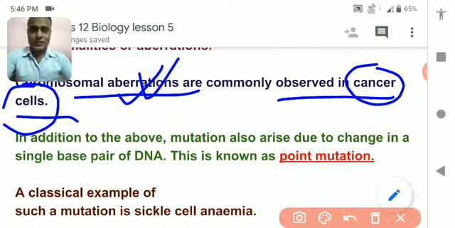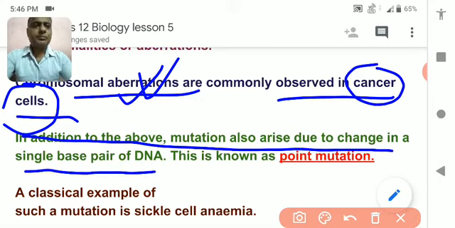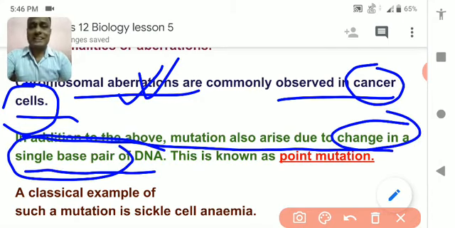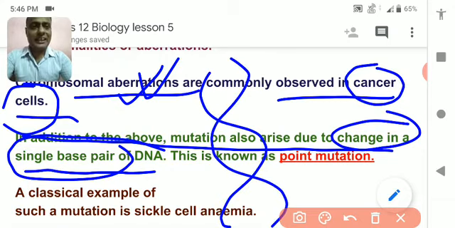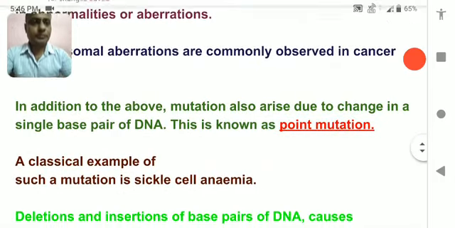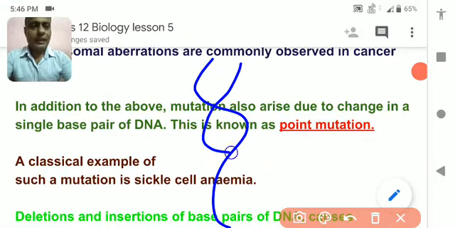I think you understood. In addition to the above, mutation can also arise due to alteration of a single base pair. As I already told, there is a DNA, and suppose A and G are there. Sorry. Suppose there is a DNA and A is paired with T over here.